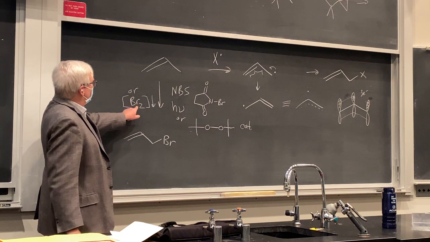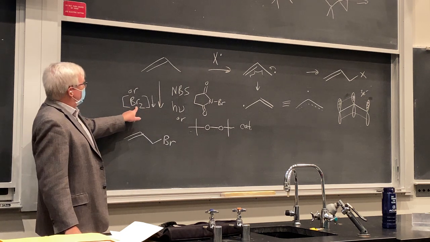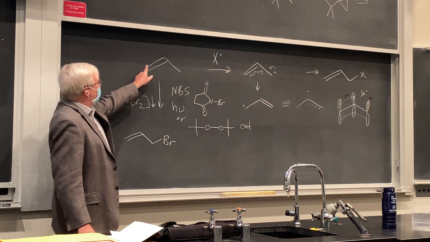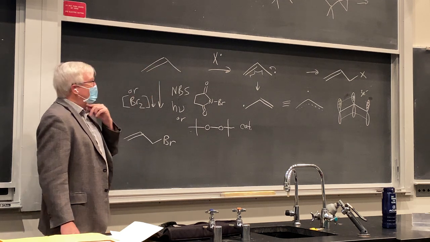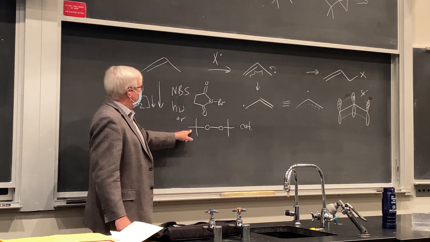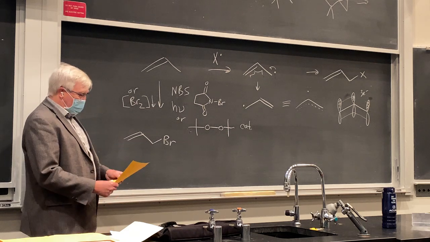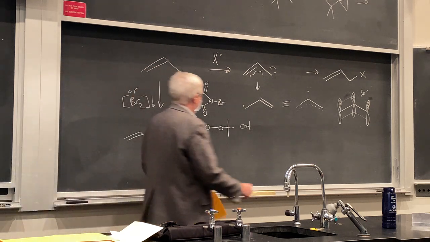If you add it in one big batch, even if you're shining light on it or have a peroxide in there, if you add Br2 directly to an alkene, you'll get the dibromide, okay? But if you use NBS and then shine light on it here or add the peroxide catalyst, you get the alternative product now, the allylic bromide, okay, which is a different type of product.